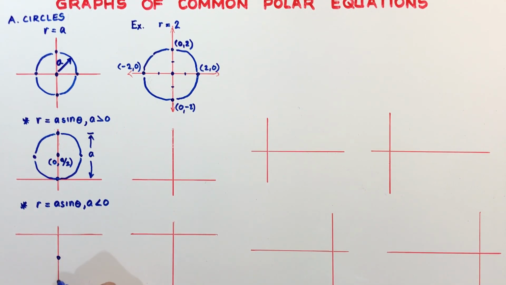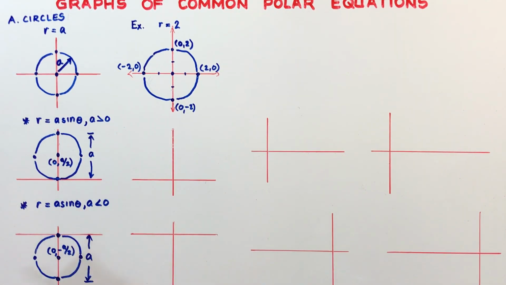So from the point of origin going down here is the diameter of the circle. Therefore the center is at the point (0, -a/2). Then you move a/2 to the right, a/2 to the left also, and sketch the graph of a circle.